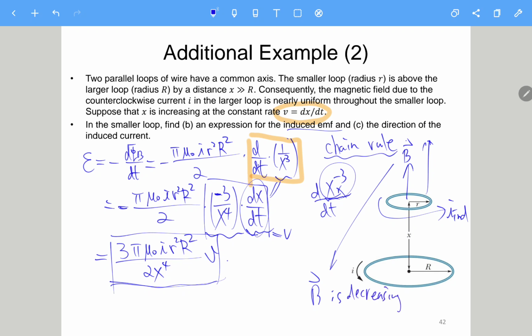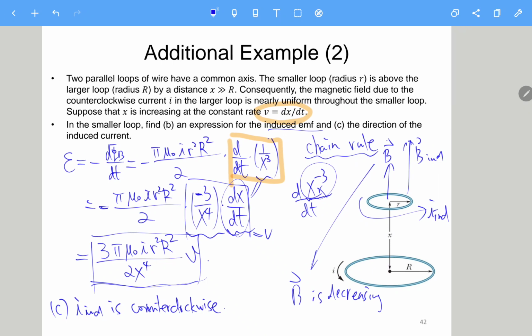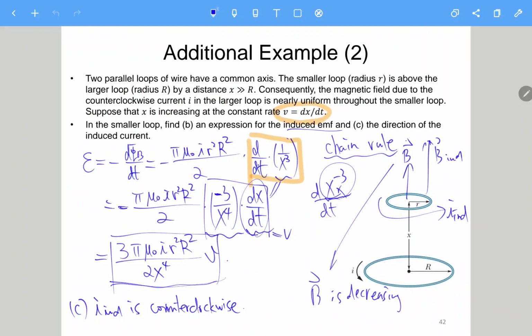If B is decreasing, according to Lenz's law, the B induced should be pointing upward to try to cancel this change. So B induced is pointing upward, which means that the current is counterclockwise. So for part C, I induced is counterclockwise. Okay, so this is it.